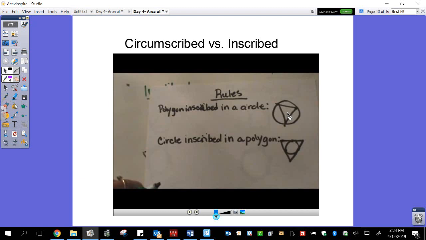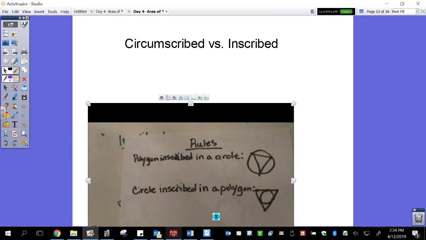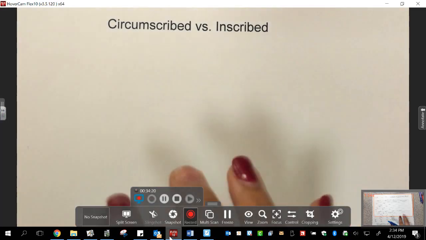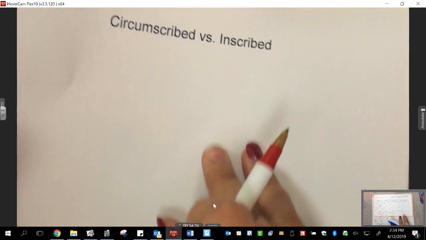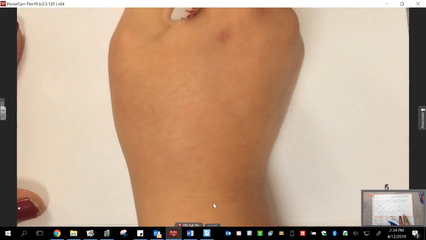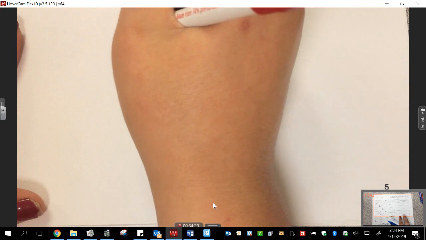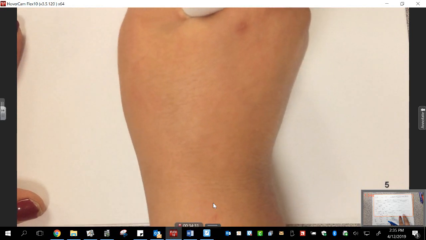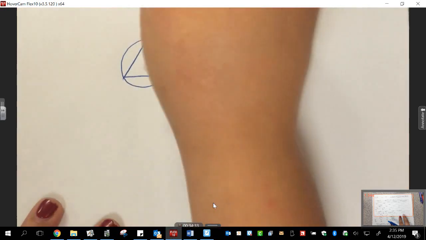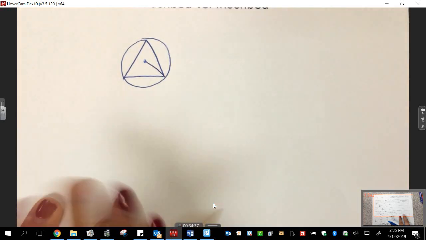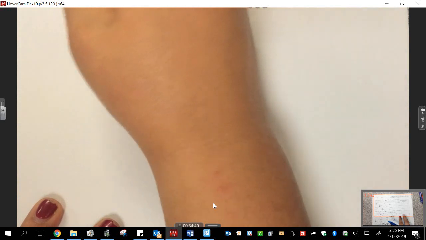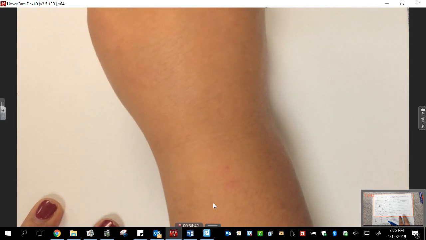I'm really bad at drawing, so just bear with me. If I tell you a radius, the radius of the circle will be a radius of the polygon. That's if it's inscribed.